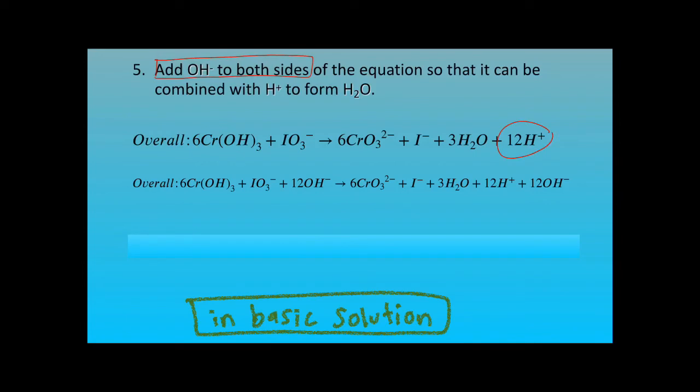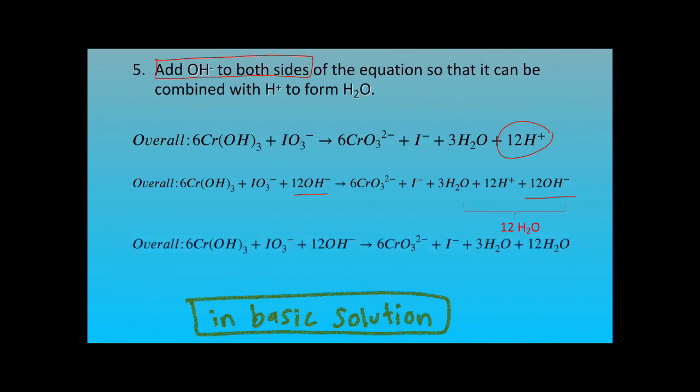In this case, there are 12 H⁺ in the equation. So, we add 12 OH⁻ to both sides of the equation, left and right sides. Next, 12H⁺ plus 12 OH⁻ are equal to 12 H2O. So, we cancel them in the equation and hence the equation becomes as follows.